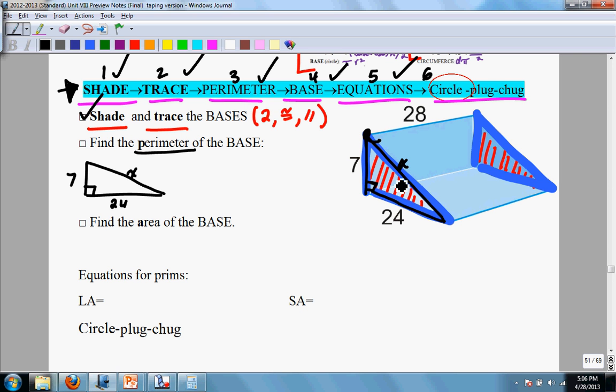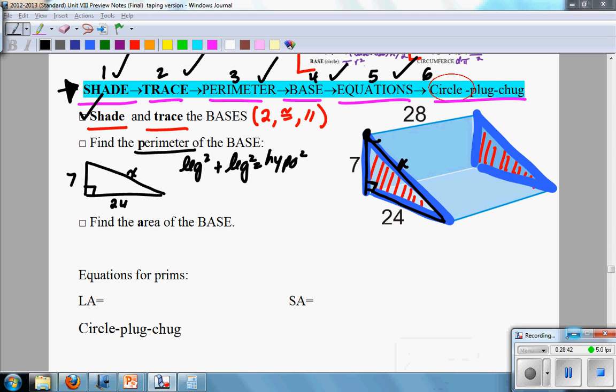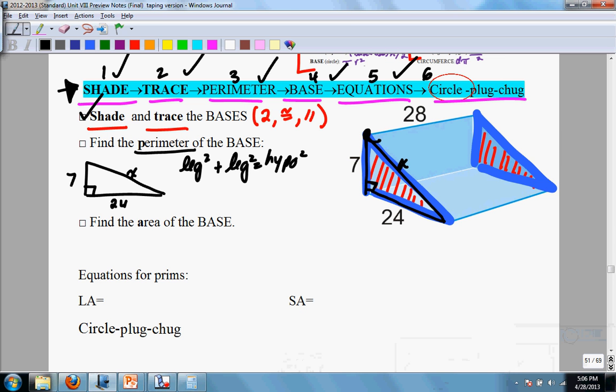You should recognize that this is a right triangle. 2 sides of a right triangle, 3rd side. Write out the equation: leg squared plus leg squared equals hypotenuse squared. This is actually a triplet. 7 squared plus 24 squared equals unknown squared.